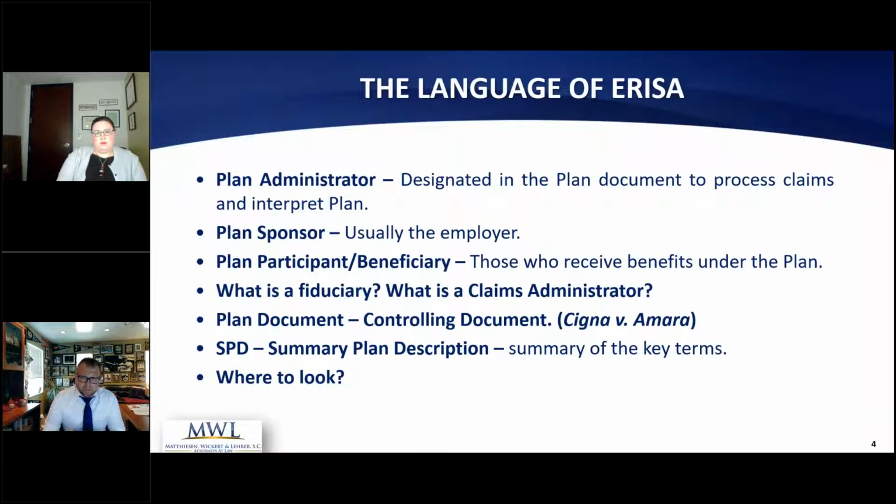Courts have generally approved of this dual document approach, as long as the SPD that is serving as both documents has all of the requirements for a plan document. Now I know in our practice, we've seen many SPDs that simply don't live up to that.